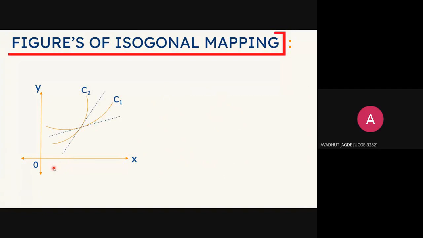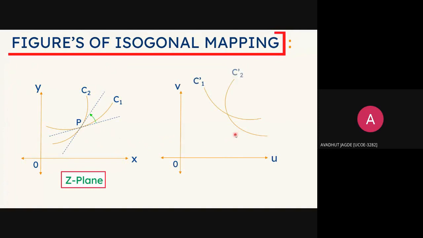In the figure of isogonal mapping, we see that the angle between C1 and C2 at point P is equal to the angle between C1 dash and C2 dash at point P dash in magnitude only, not in direction. So now we can say that these two figures belong to isogonal mapping. This is from my side.